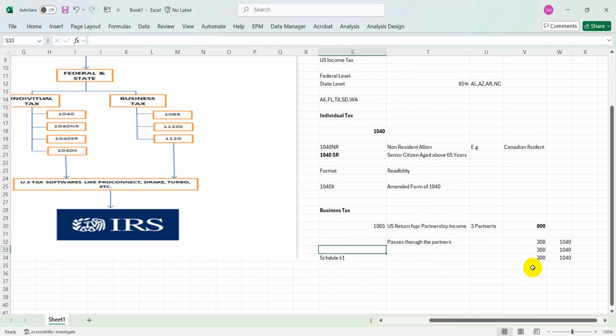Now, another form we use when we talk about business tax is 1120S. 1120S is a form used by the S corporation. So what is meant by the S corporation?